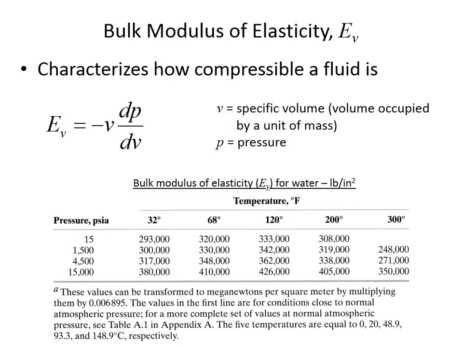We have information about how compressible water is at different temperatures and different pressures, and we'll work an example where we have to utilize one of these. The bulk modulus of elasticity is the specific volume multiplied by the change in pressure that causes a unit change in the volume, so the incremental dV is some change in the specific volume relative to the pressure that's applied.